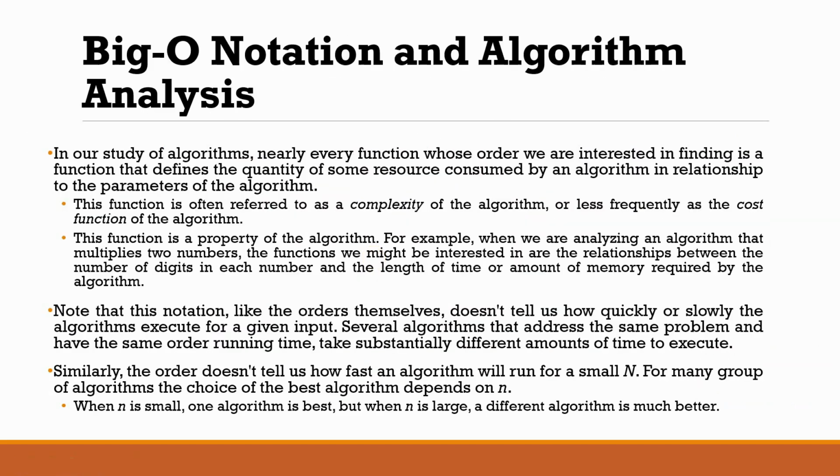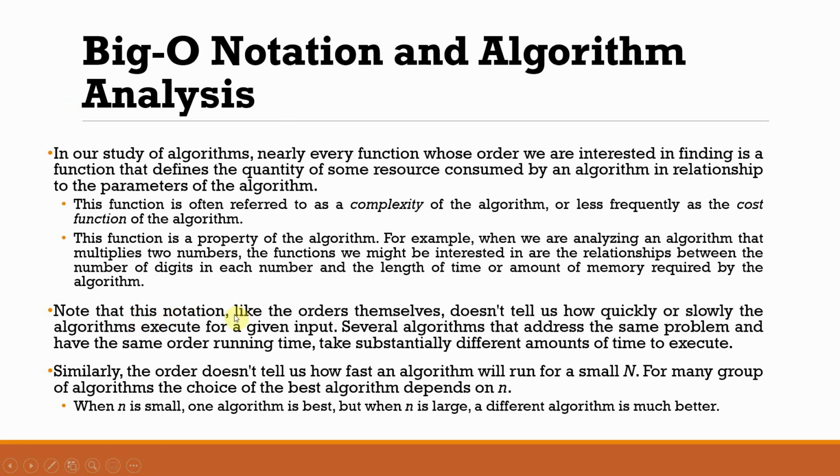But in more general terms, when we talk about complexity and cost function, our function might depend on other things, right? So this is the more general definition of cost function.